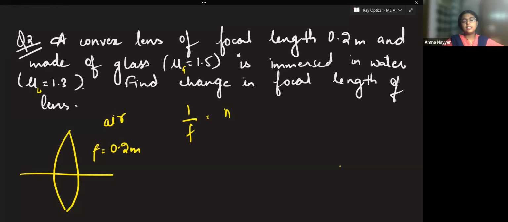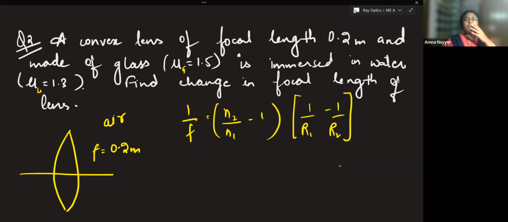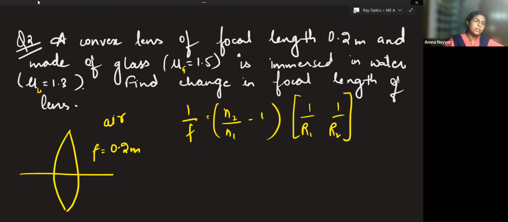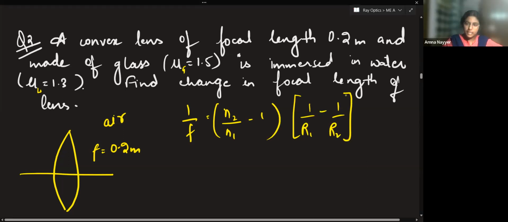This is n2 by n1 minus 1, 1 by r1 minus 1 by r2. Now we do not know why 1 by r1 plus 1 by r2. See, I'll tell you. At the end, when you will practice a lot of questions, automatically your hand will get set whether to write plus or minus. I'm writing minus.